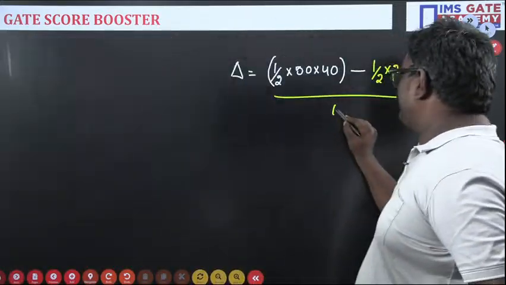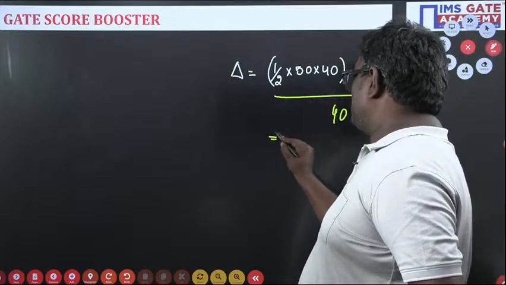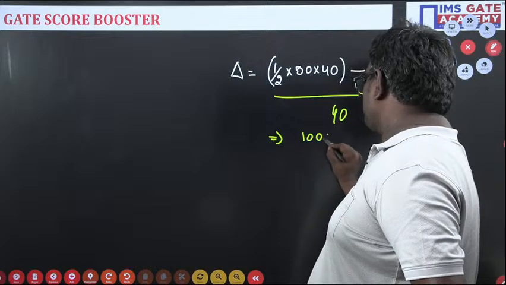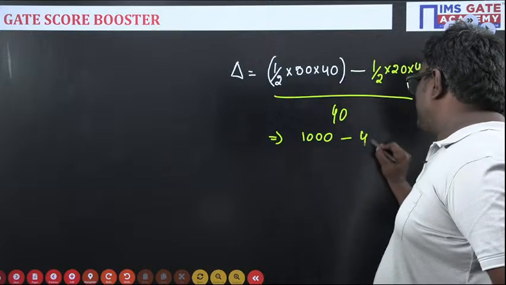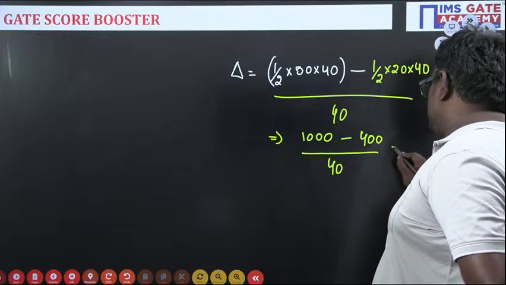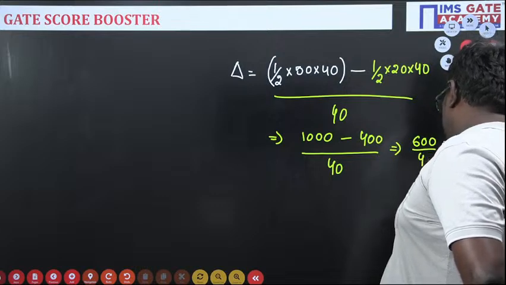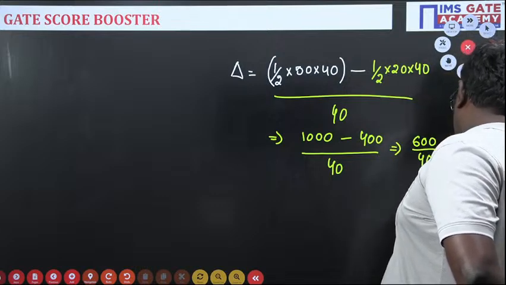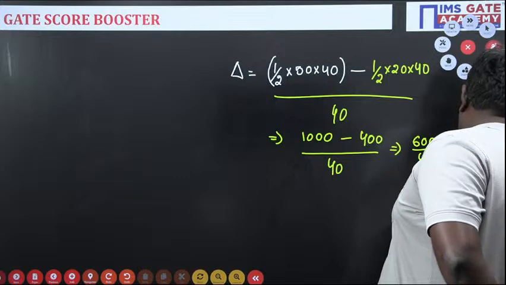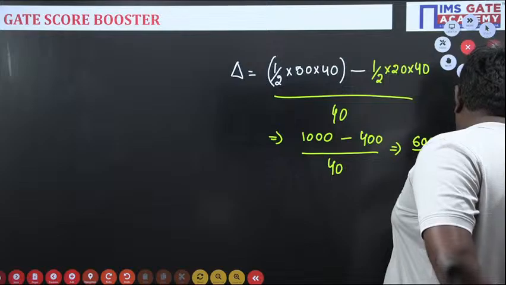So this will be equal to 1000 minus 400 divided by 40, which is 600 divided by 40, which will be equal to 15 seconds.